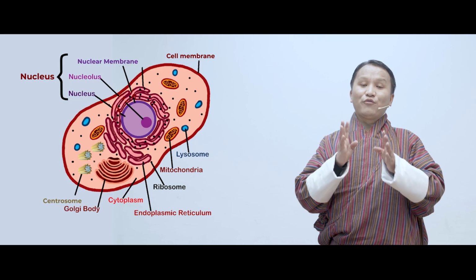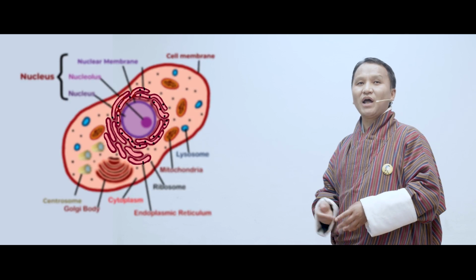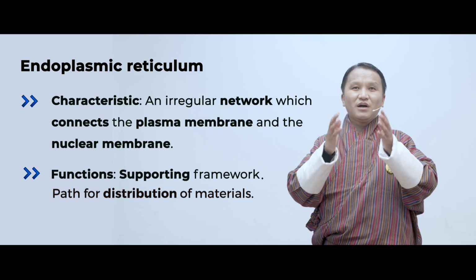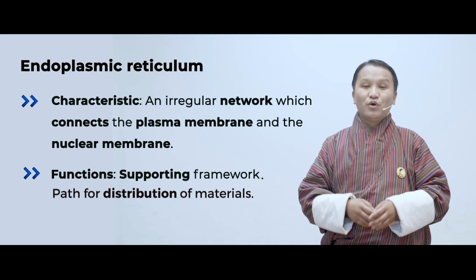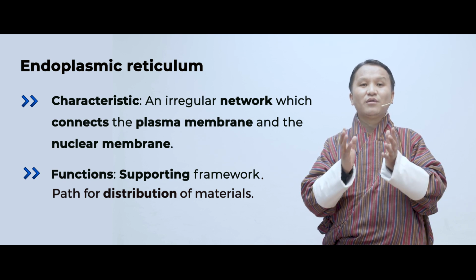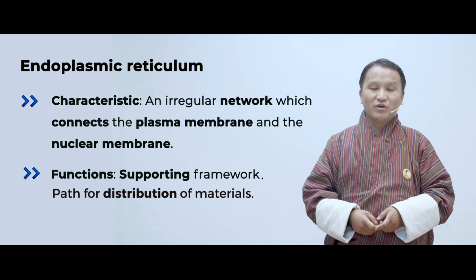Then the fifth cell organelle we will talk about is the endoplasmic reticulum. As you can see here, the endoplasmic reticulum is an irregular network which connects the plasma membrane and nuclear membrane. There are two functions for endoplasmic reticulum.